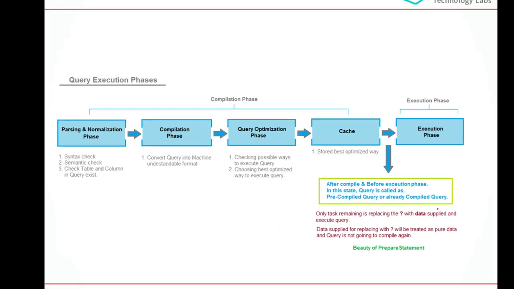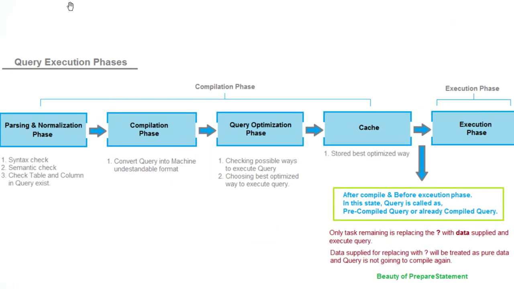See the flow here. What is the first stage? When you pass connection.prepareStatement, the first stage is parsing and normalization. First it will check the syntax and semantics, whether you have given the command properly. It will check whether the table is available and whether the column is available in the query you are passing.